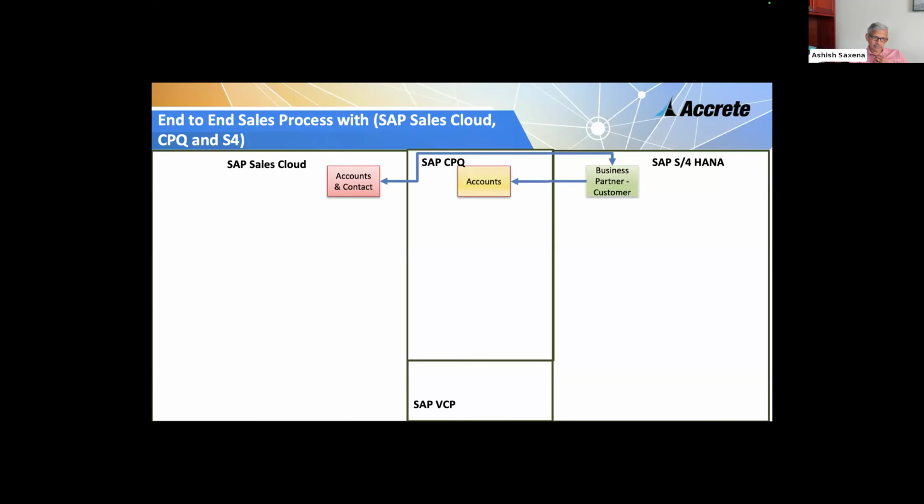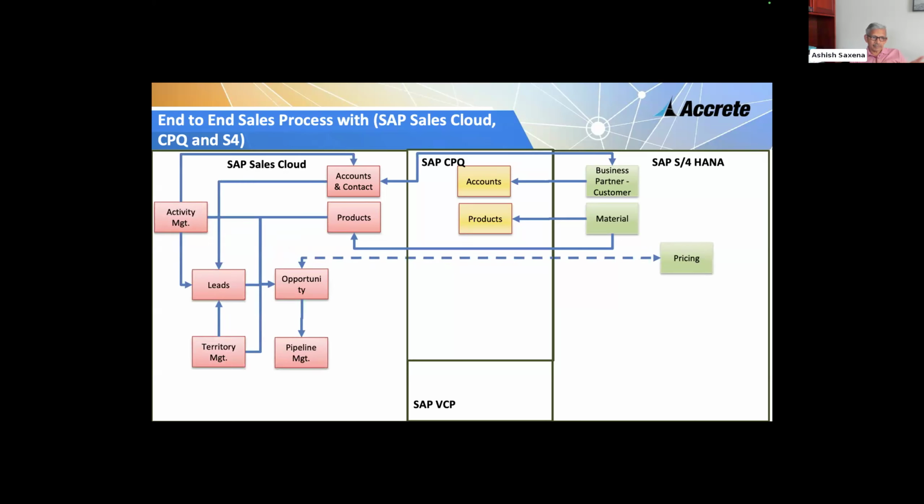You can have the accounts come to SAP CPQ as well. Material in S4 can be replicated into the SAP CPQ and Sales Cloud. And then the steps which I described earlier of activity management, leads and opportunities, etc., can be done in the Sales Cloud.